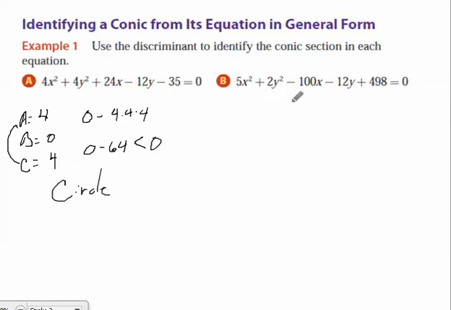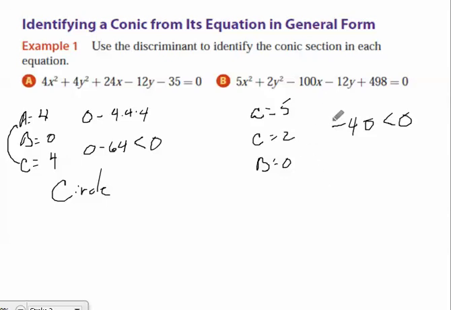Okay? Do the same thing over here. We've got A is equal to 5, C is equal to 2, and B is equal to 0. How do I know B is equal to 0? I don't see an xy term in here. So what are we going to have? We're going to have negative 40, and that's definitely less than 0.